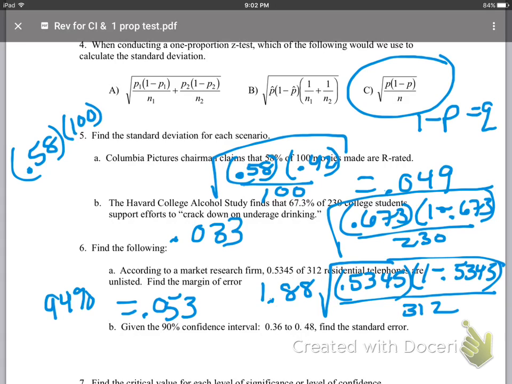Okay, here they want us to do a 90. They want us to find the standard error. Okay, let's do this problem on another page. 36 to 48, 90. 0.36.